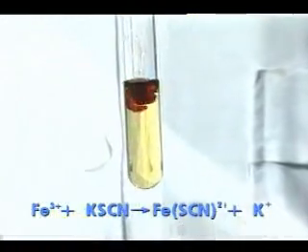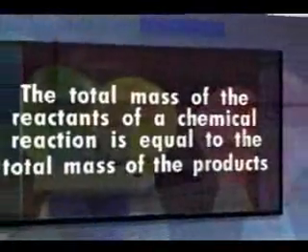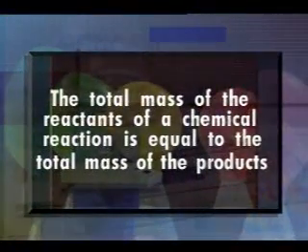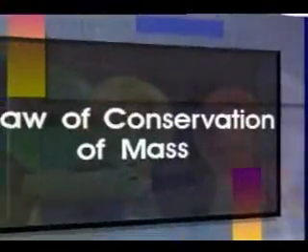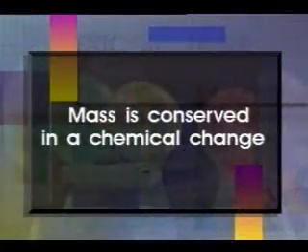Countless experiments have shown this general pattern. The total mass of the reactants of a chemical reaction is equal to the total mass of the products. This is the law of conservation of mass. Mass is conserved in a chemical change.